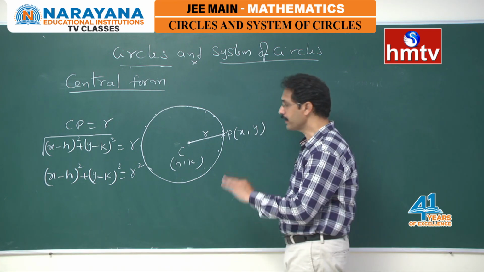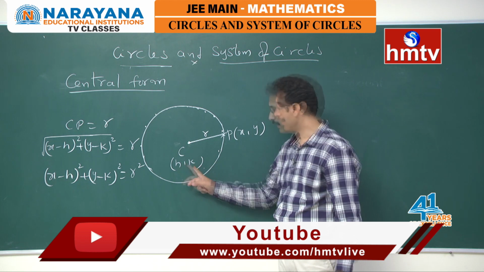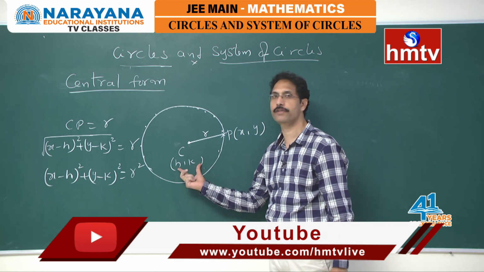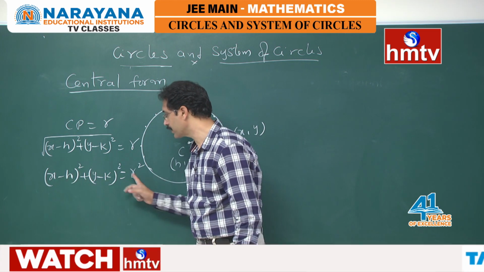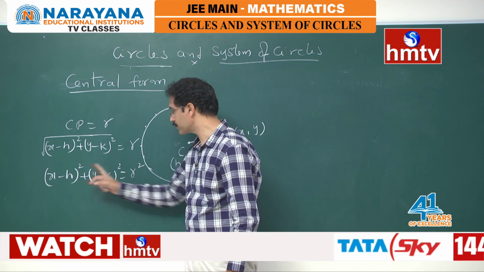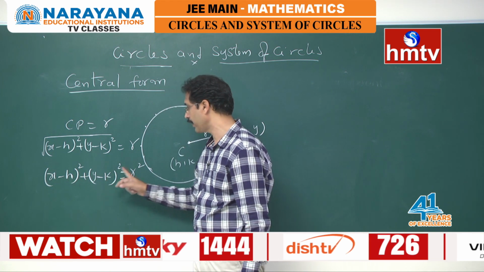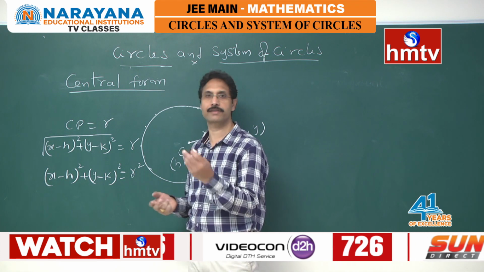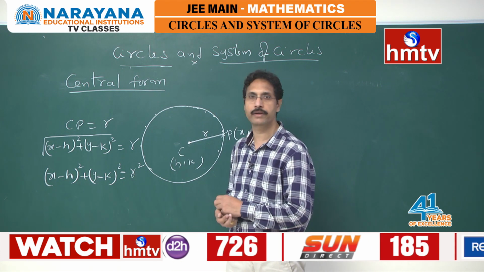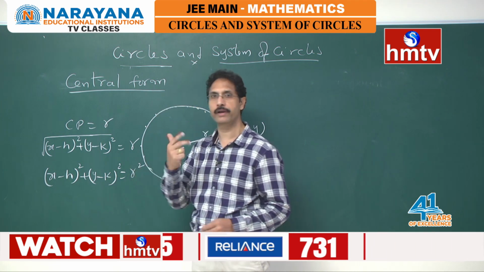Now, if I take (h, k) as (0, 0), that is, at the origin, then the number of unknowns changes. Originally, the equation of the circle depends upon 3 unknowns: h, k and r. But while deriving standard results like the equation of a tangent, going through this equation every time will be a bit tough.